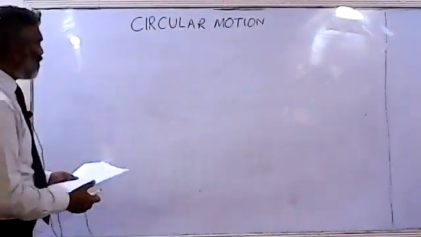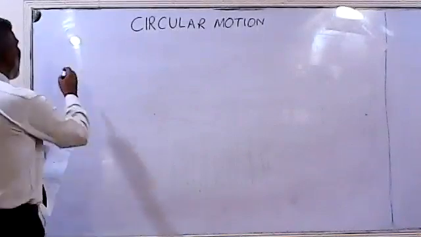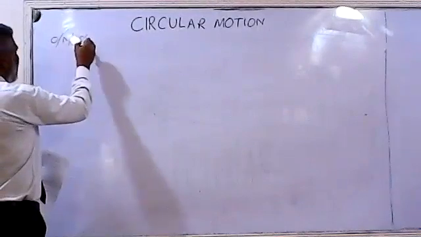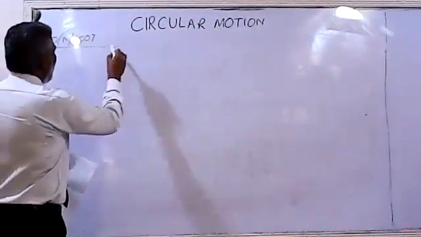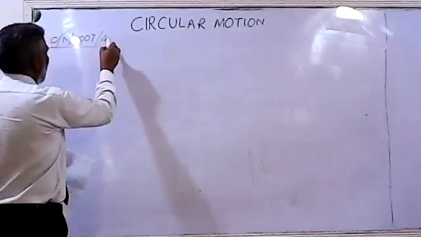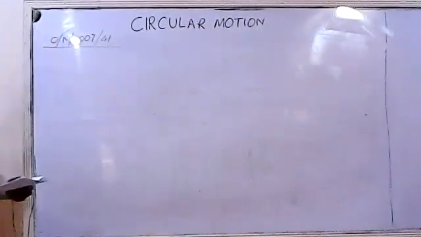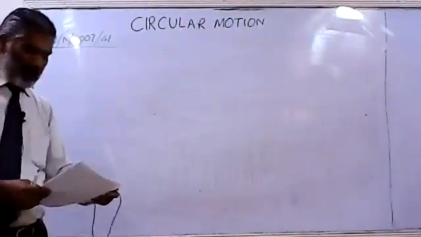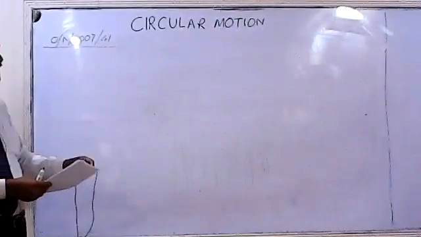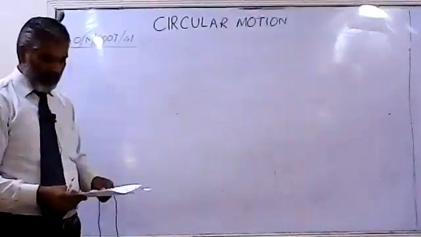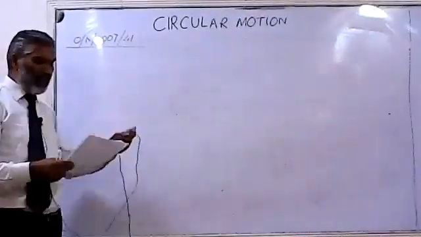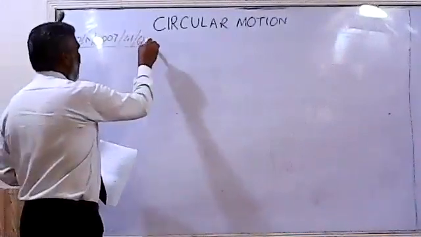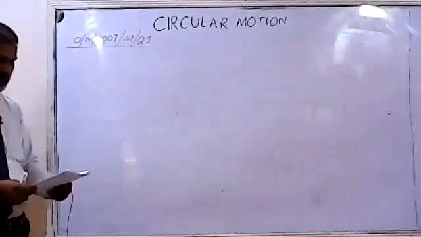The second problem appeared in October, November 2007, and this again was the first variant of paper 4. This was question 1, because in paper 4, the first question is also related to this topic, circular motion and gravitation. So this must be question number 1 when you see the paper.